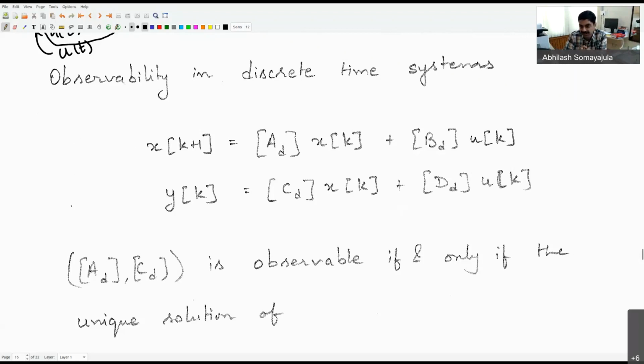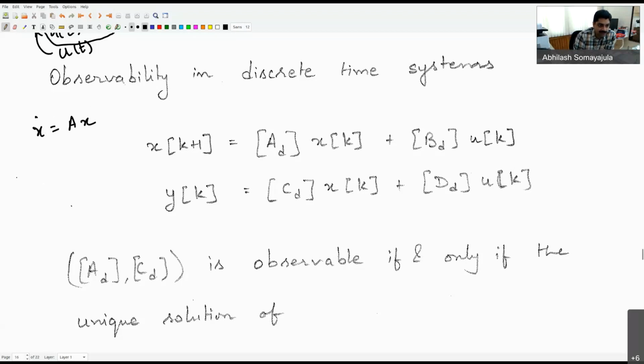So even though your continuous time systems may behave one way, because I discretize the system, the dynamics may change slightly. So for example, if I had x dot is equal to ax, okay?